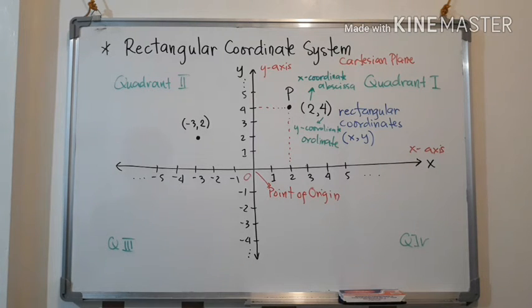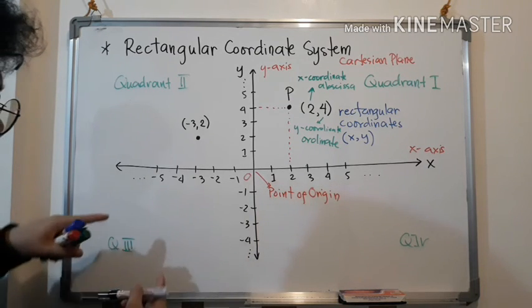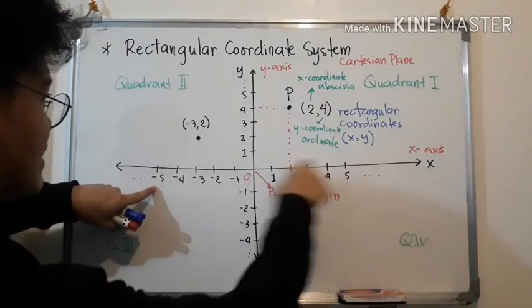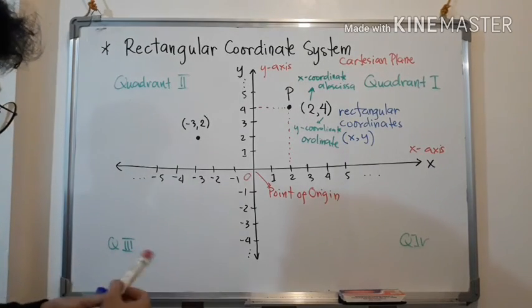How about if I instruct you to plot the point (-5, -4)? In what quadrant can we locate the point (-5, -4)? You get it right? It's in quadrant 3. So -5 is on the x-axis, this one, and we have -4.